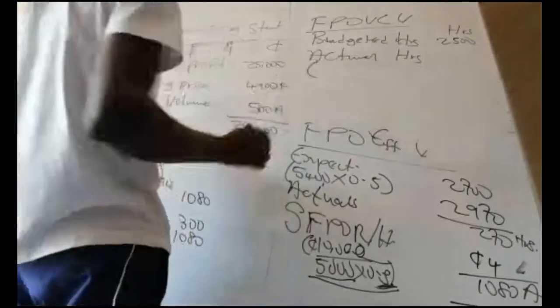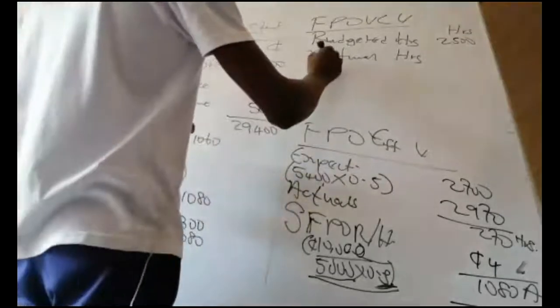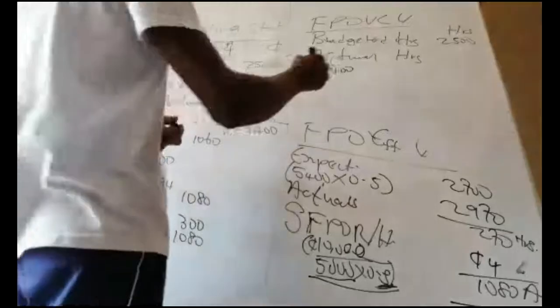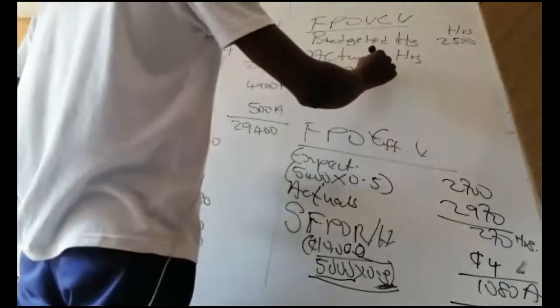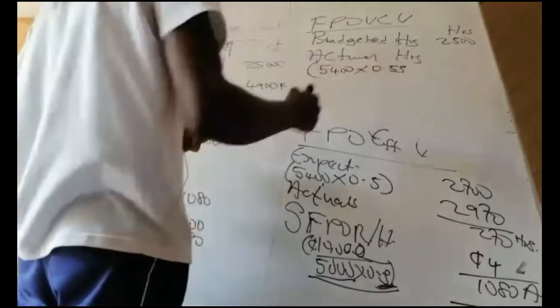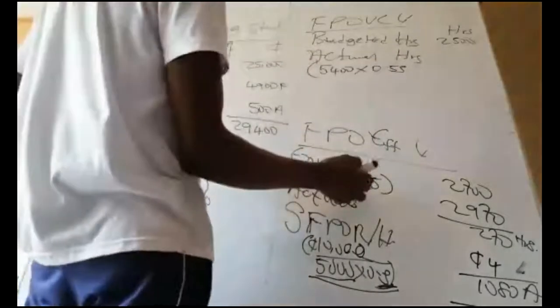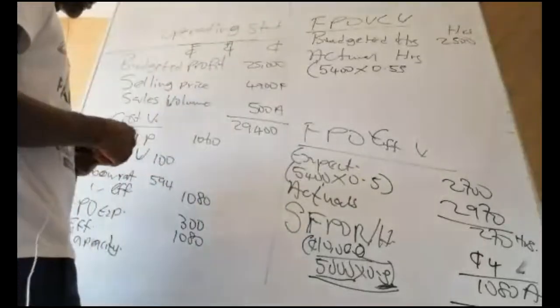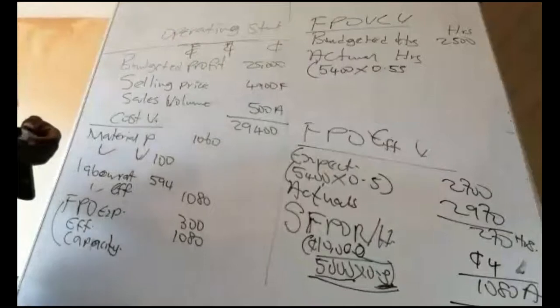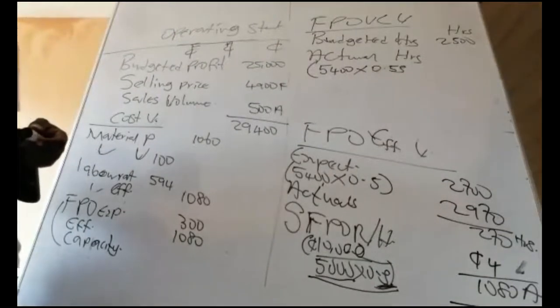If I remember the figures from the question, the production unit was 5,400, and then the actual hours needed was 0.55. Yes, good. So let's go back to the question and see. 2970.